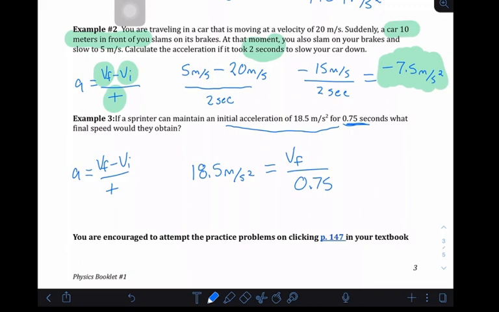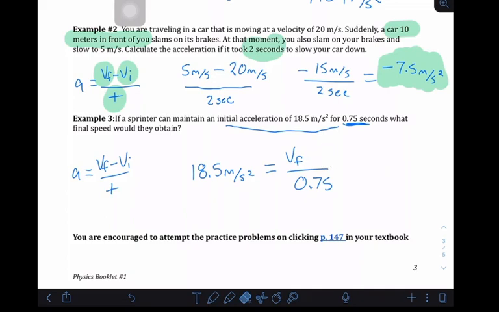It's an initial acceleration, so they're starting from 0. So that number we'd write there, but it really is insignificant because you can't subtract 0. So we can even just erase it so it doesn't confuse us.